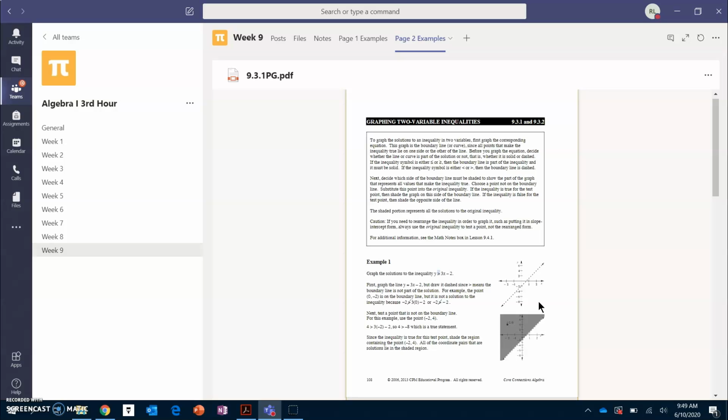Remember when we were doing the one variable inequalities, we graphed it on the number line and it was either going to the left or going to the right. Now that there's another dimension, it's either going to be above or below. Or you could also think about it like left or right. Moving on to see how this works out in practice.